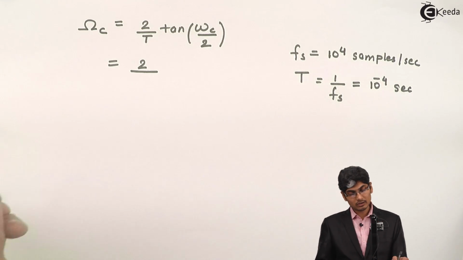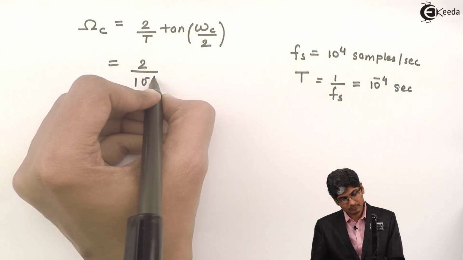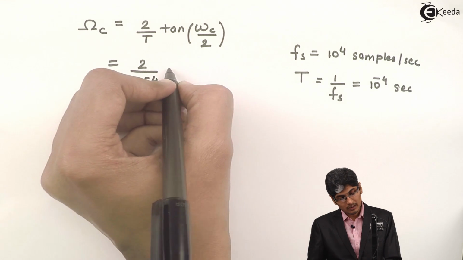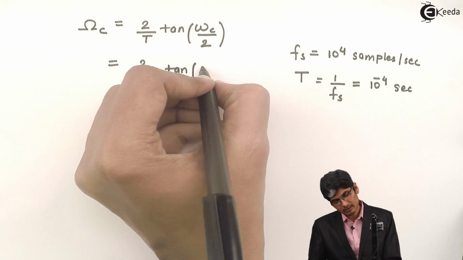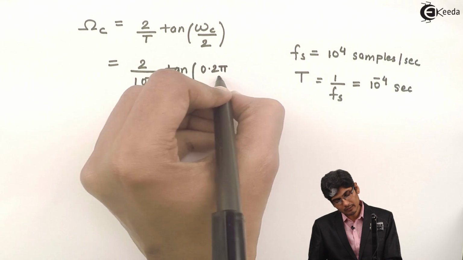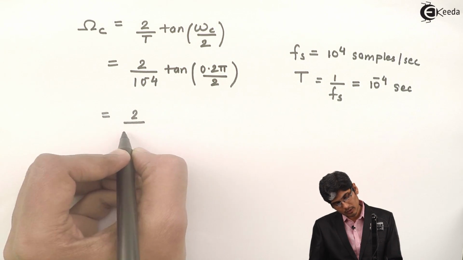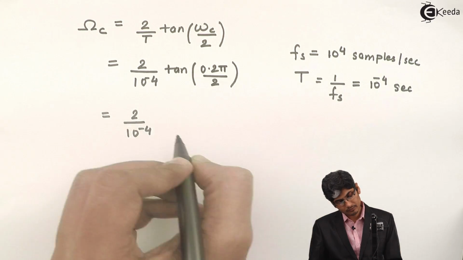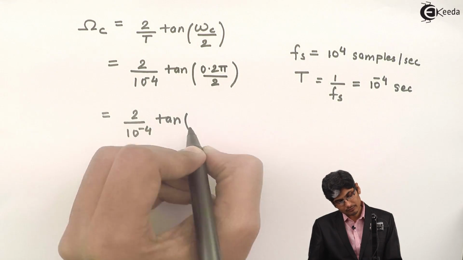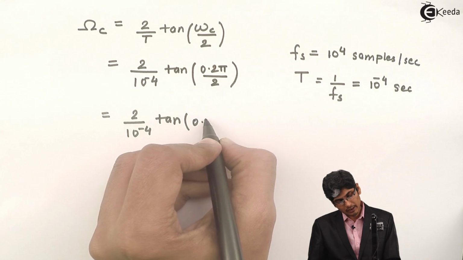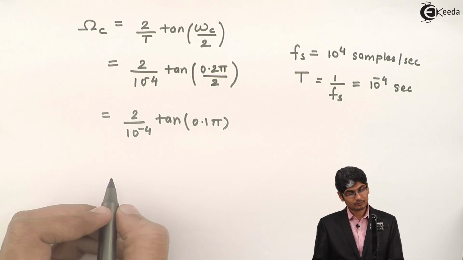Let us put 10 raised to minus 4 over here. Omega c is 0.2 pi, so omega c by 2 is 0.1 pi. So you are going to get 2 upon 10 raised to minus 4 times tan of 0.1 pi.